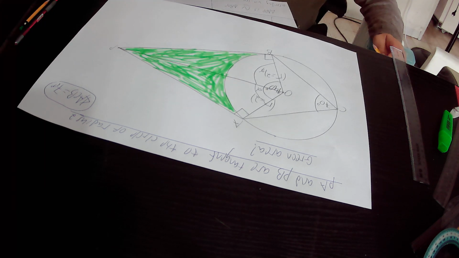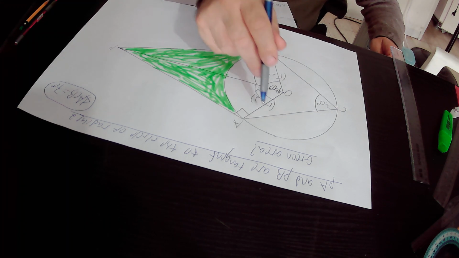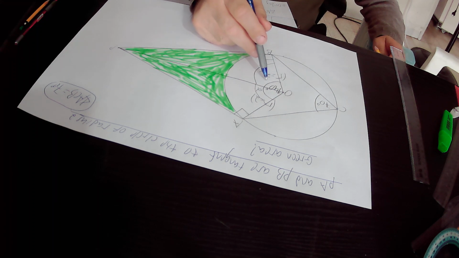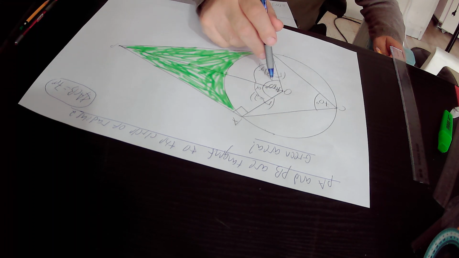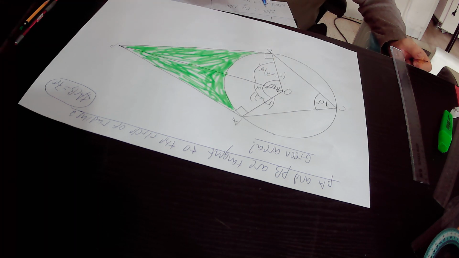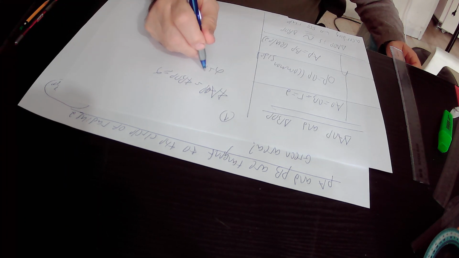So actually alpha plus alpha equals this big angle. And we will find out that this big angle BOA equals 140 degrees in its size. So in conclusion, alpha plus alpha equals 140 degrees.